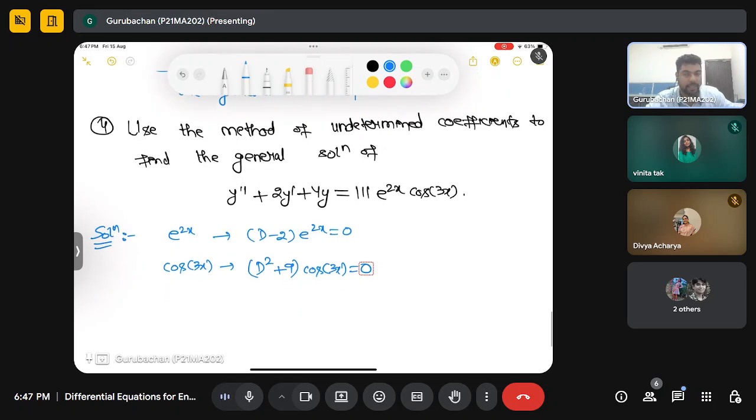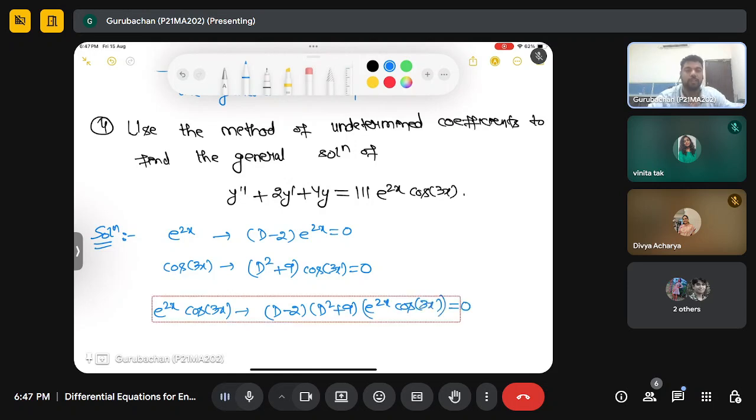So if you combine these two, since we have e to the power 2x cos 3x, then it will be (D minus 2)(D square plus 9) applied to e to the power 2x cos 3x equal to 0. So this will be only for the particular part.